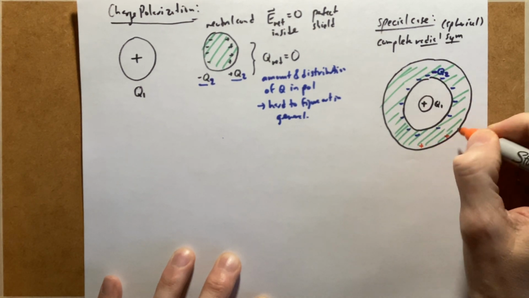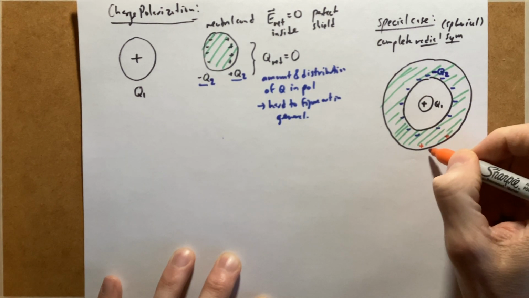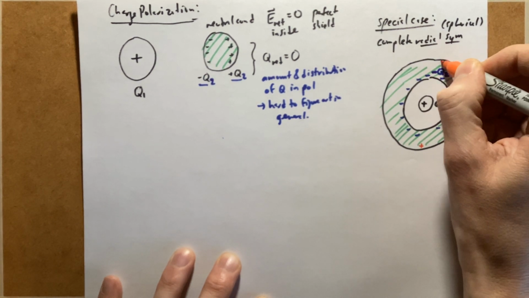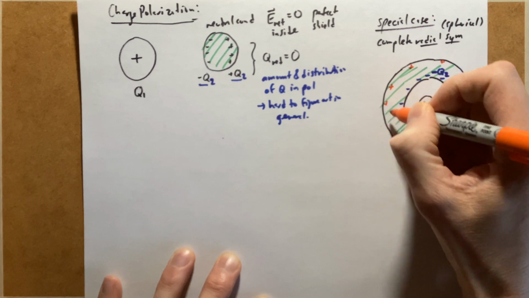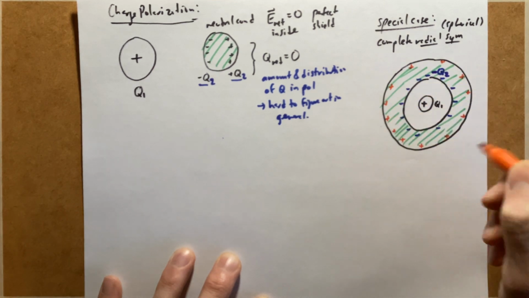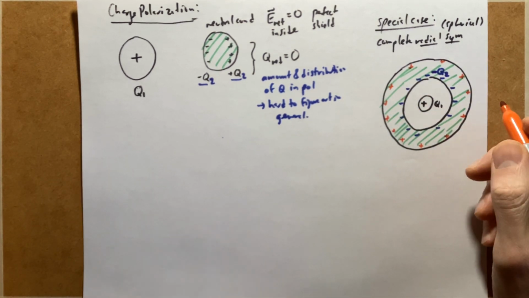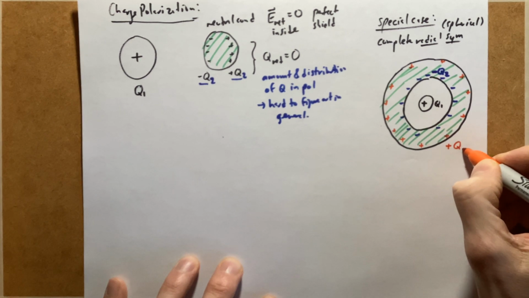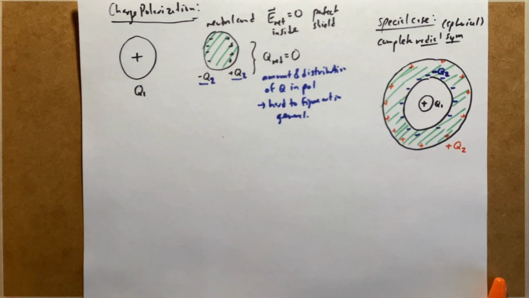I'll just try to draw roughly the same. And then, of course, the biggest thing that I can do to remember that they're equal and opposite is to label that as plus Q2, okay?